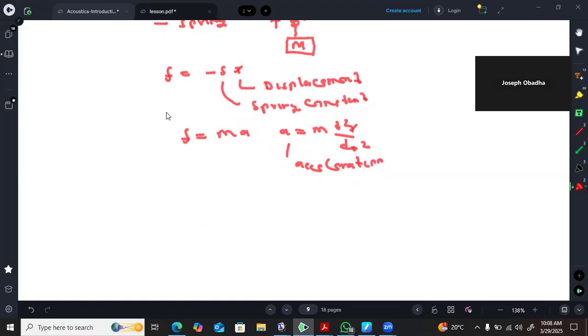So that now we can do the substitution so that we have M d squared X by dt squared is equal to the negative of S of X.